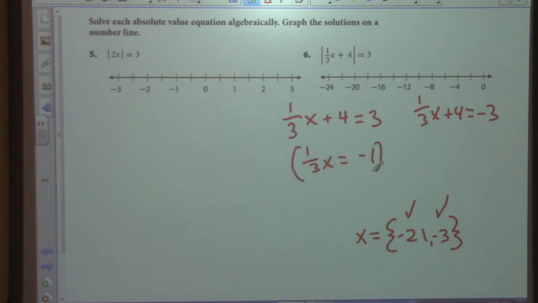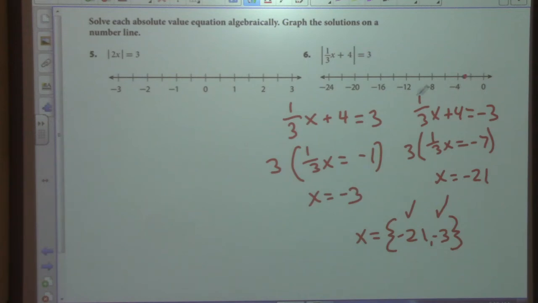So x is equal to -3. And then this one, you subtract and get 1/3 x is equal to -7, and then multiply by 3, and you get x equals -21. Yep, that's what I got.